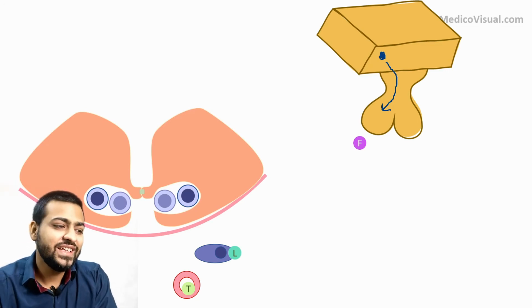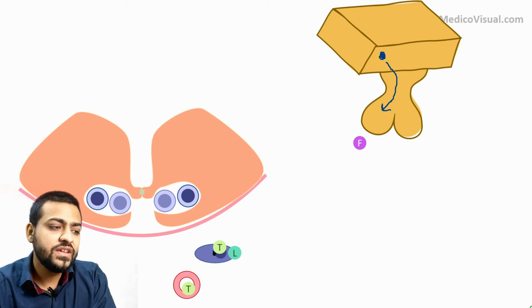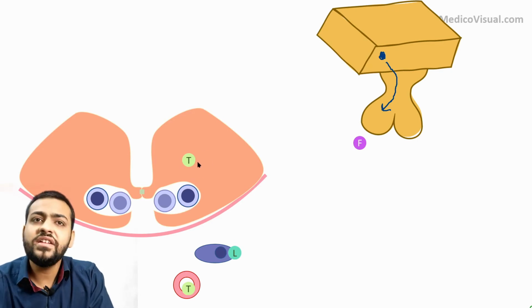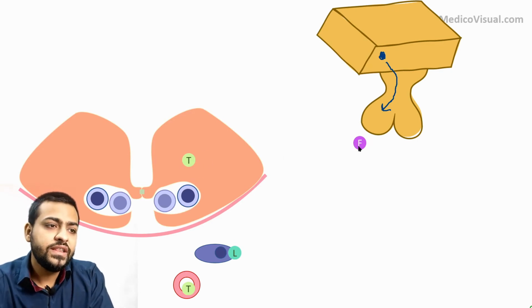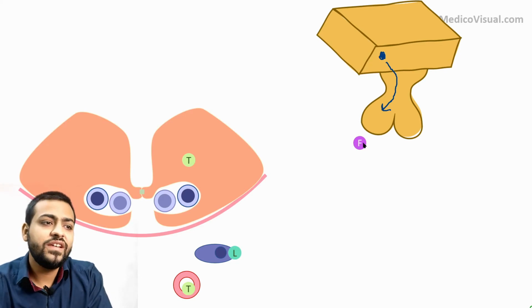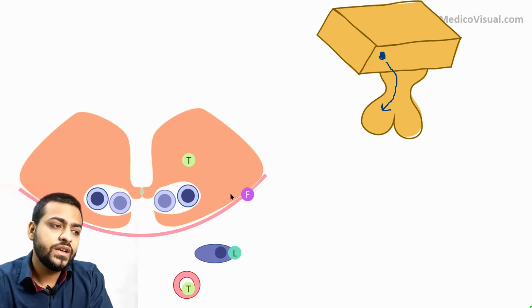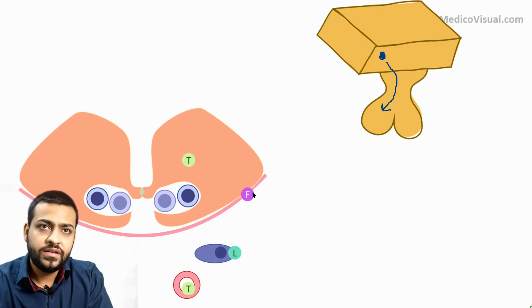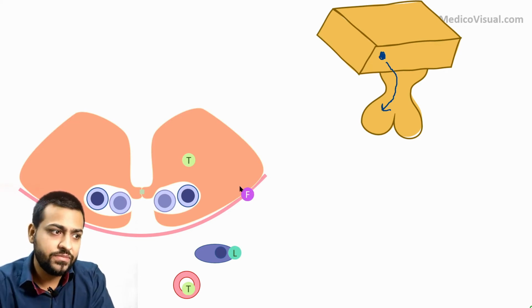All that thing. And some of the testosterone, it will also go into, what is this cell? This Sertoli cell, right? And I will tell you what it will do. And then there is FSH as well, follicle stimulating hormone. It will also go towards Sertoli cells. Here it has extracellular receptors.